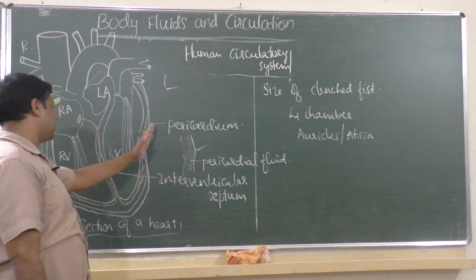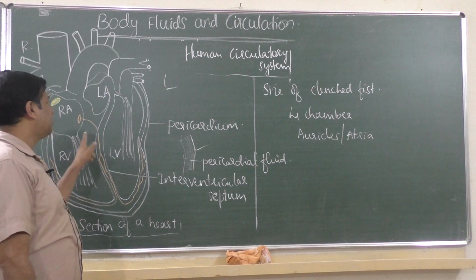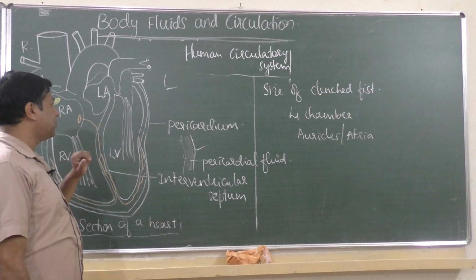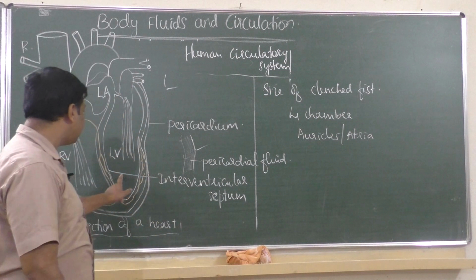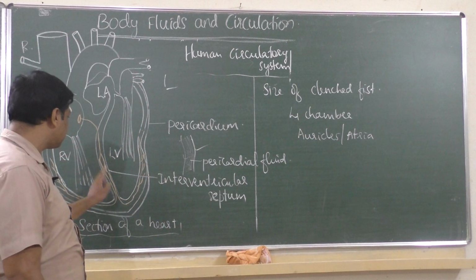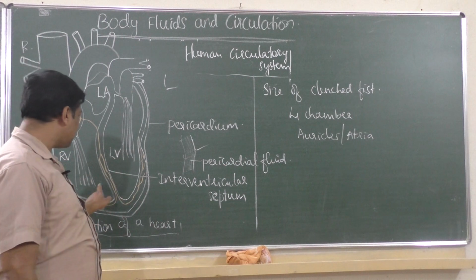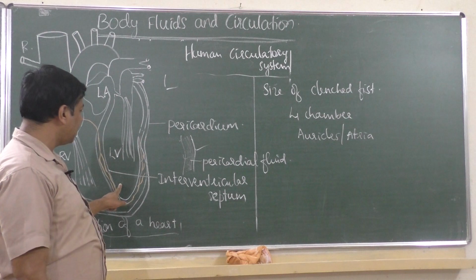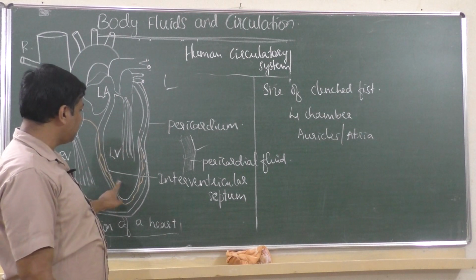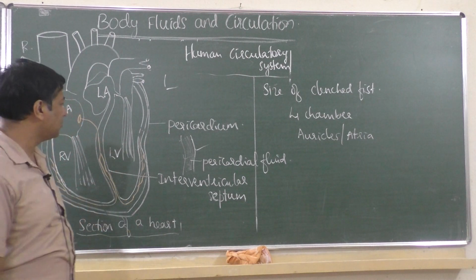So the left part of the heart is separated from the right part by the interventricular septum. Why is it called interventricular? Inter means in between the 2 ventricles. You see that in between the 2 ventricles the septum is there. So inter means in between, ventricles are 2 chambers, and septum means dividing wall.